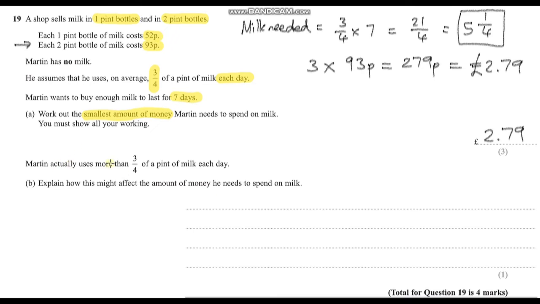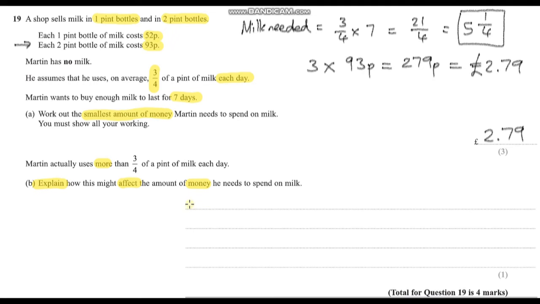Martin actually uses more than 3/4 of a pint of milk each day. Explain how this might affect the amount of money he needs to spend on milk. So basically, he's saying that he doesn't use 3/4 of a pint, he uses more than 3/4 of a pint. So if he's drinking more milk, it's likely that it's going to be costing him more money.